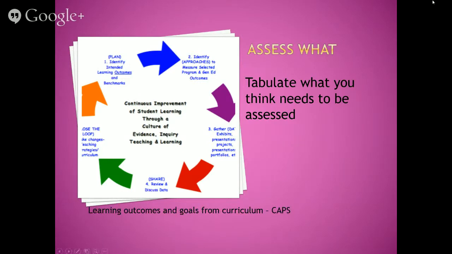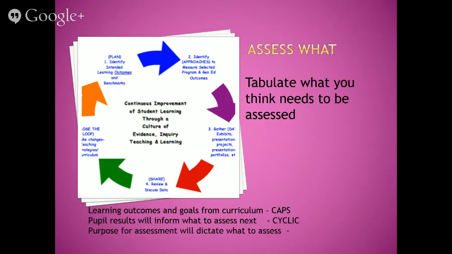Some of the things that we assess are the learning outcomes and the goals from the curriculum. We assess pupils' results, and the results will inform what we are to assess next. And we assess for different purposes.